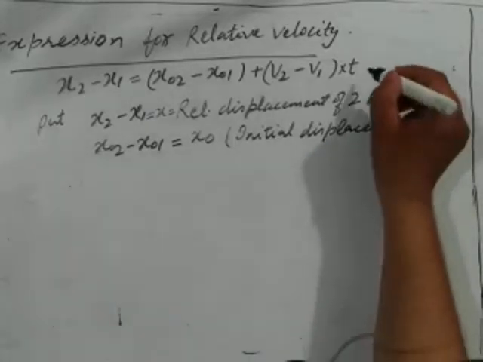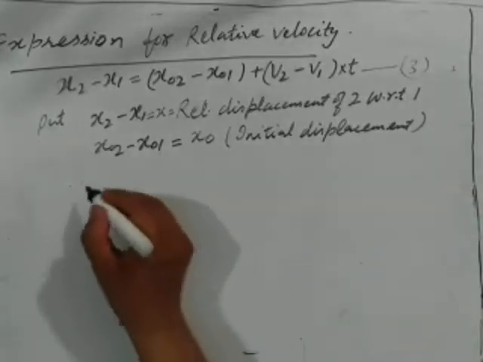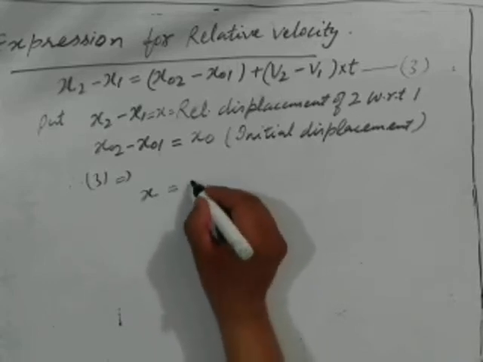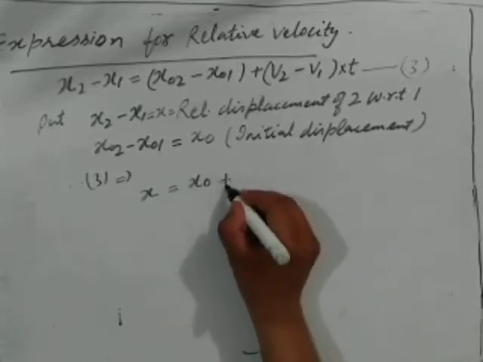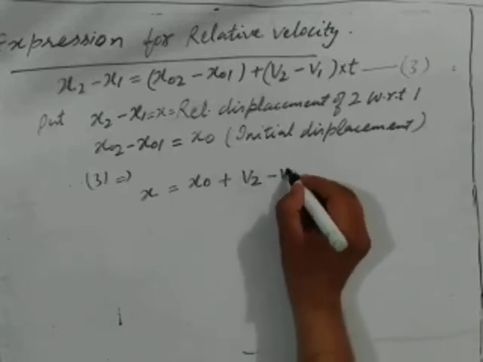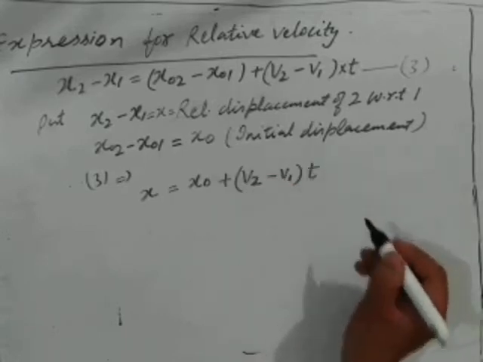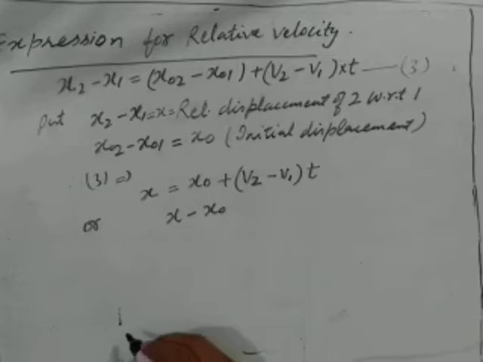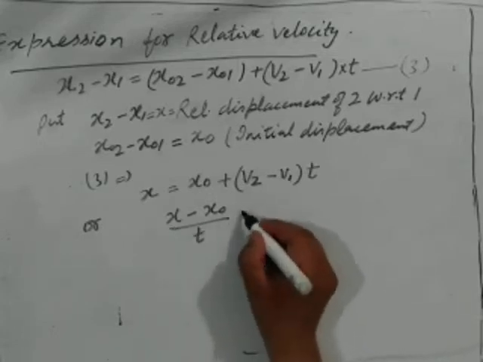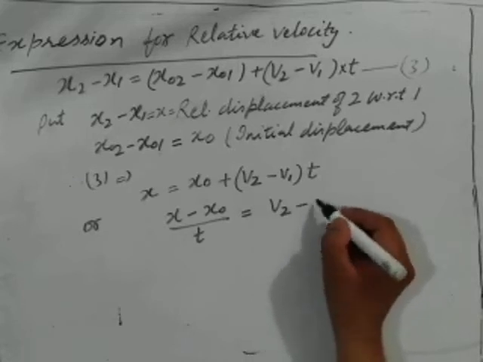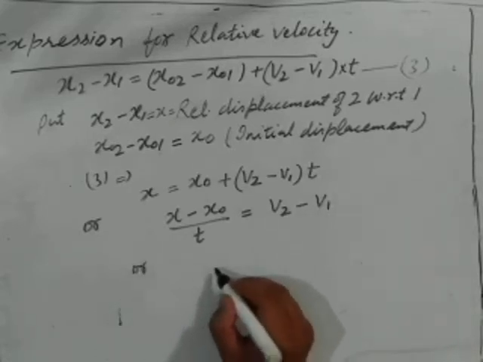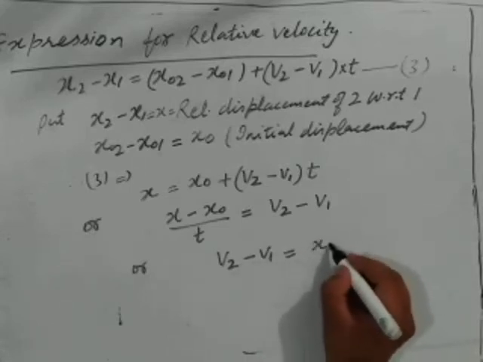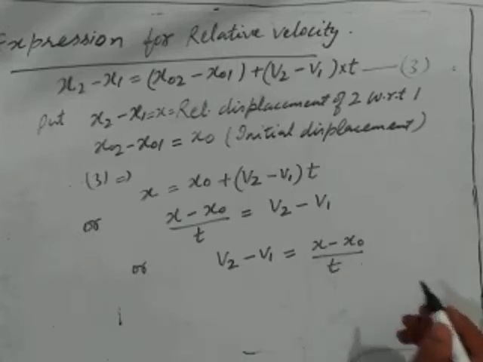Therefore, equation 3 will become x equal to x0 plus v2 minus v1 into t, or x minus x0 upon t is equivalent to v2 minus v1, or we can say v2 minus v1 is equivalent to x minus x0 upon t.